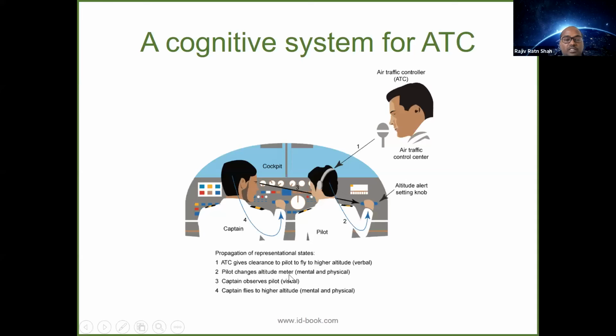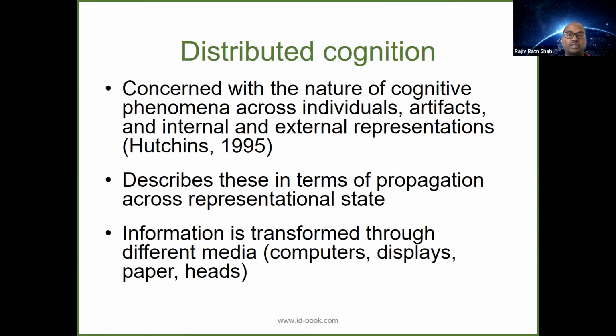The pilot changes the altitude meter, and after that the captain observes whether the pilot is doing it correctly or not. Once the pilot has done so, the captain flies to the higher altitude, and some mental and physical activities happen. So you can see this is an example of distributed cognition, where more than one person and more than one device are involved to complete the overall task.